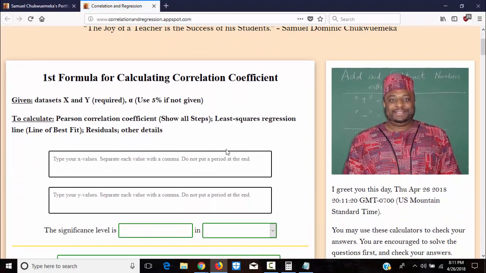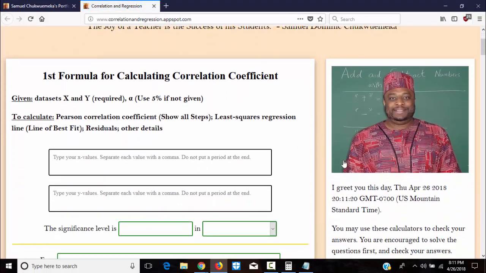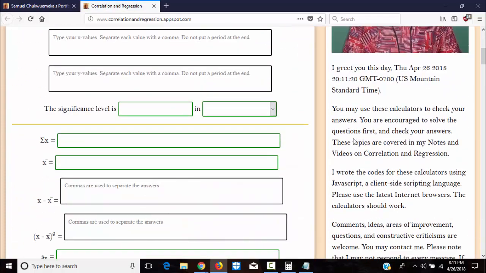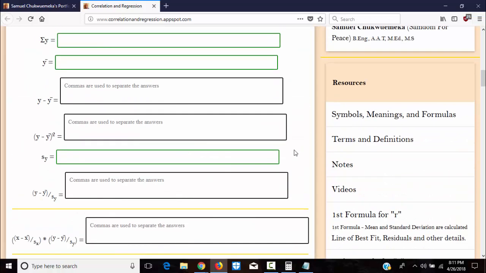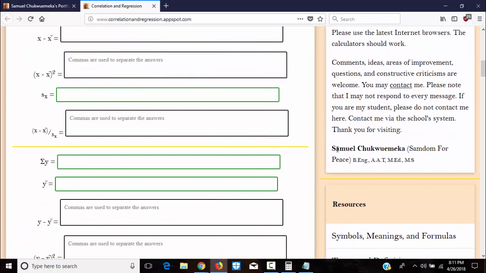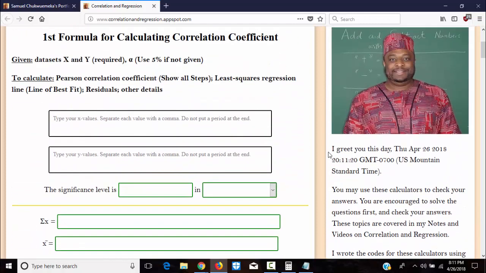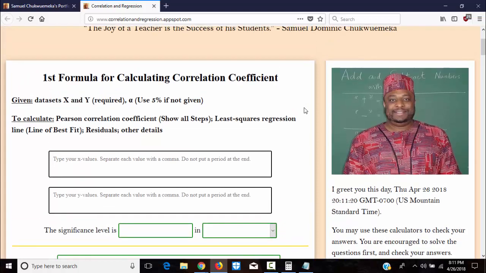Let me talk about this for a moment. We have two formulas to find the linear correlation coefficient, and we can use either of them. It will give us the same thing. If you were taking this course in class, your professor will most likely want you to show all your work.